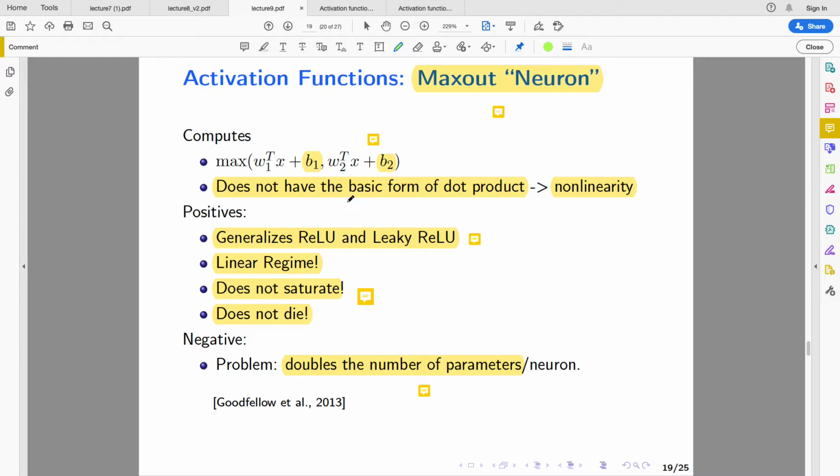So it does not have the basic form of the dot product, non-linearity. The positives: it generalizes ReLU and leaky ReLU, is a linear regime, does not saturate, does not die, but it doubles the number of parameters. That is the disadvantage.